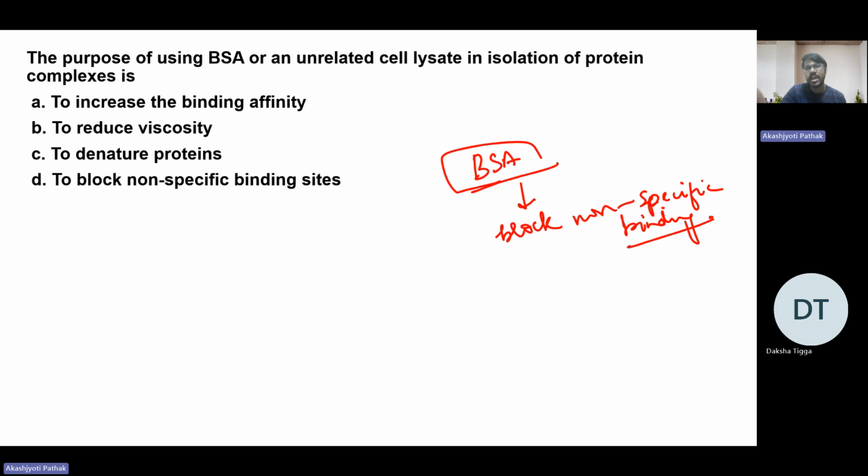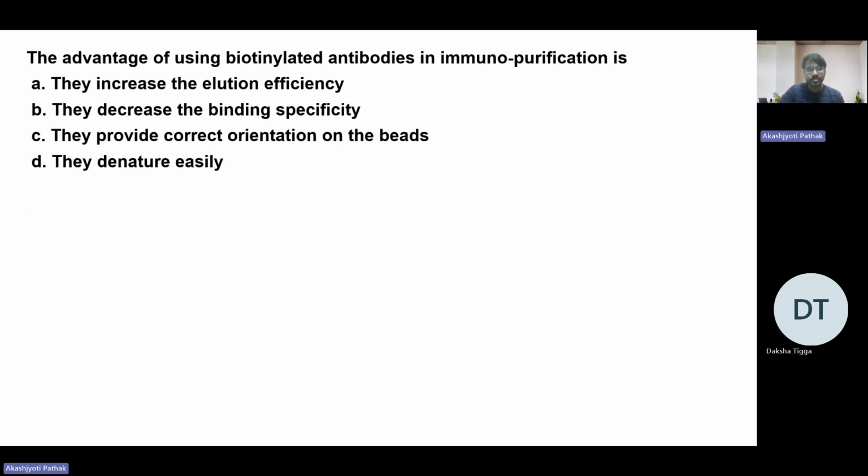It will specifically bind to the antigen, or your antigen specifically binds to the antibody immobilized on the resin. It does not bind anywhere else, for example on the glass surface or anywhere on the beads.